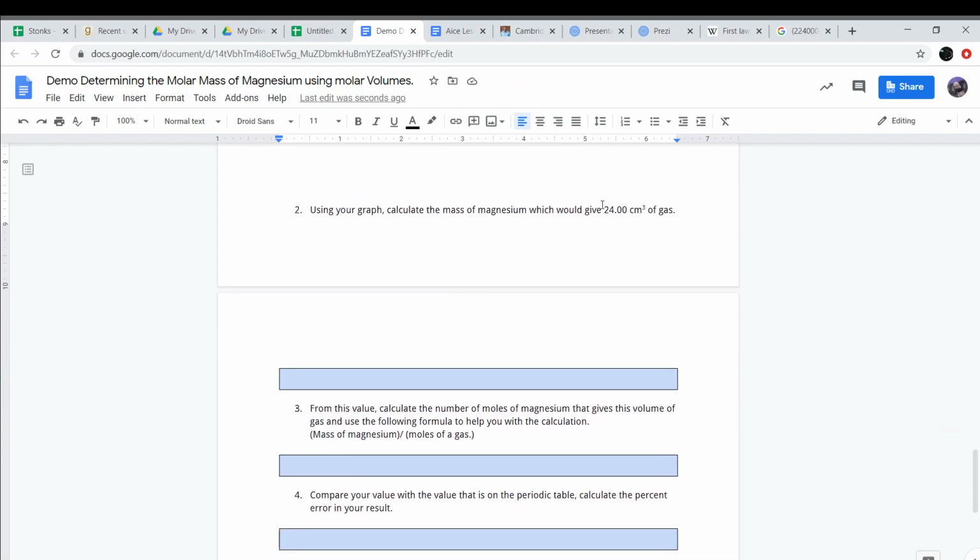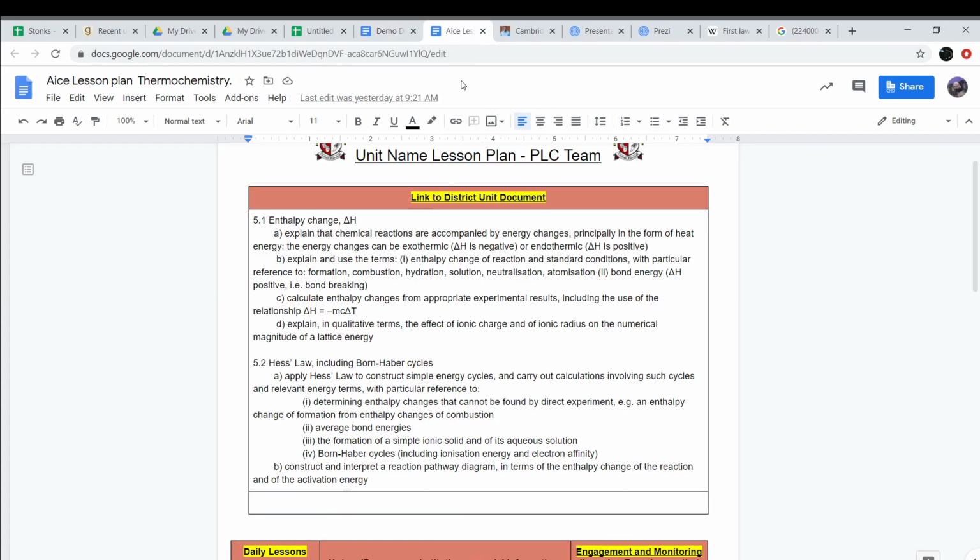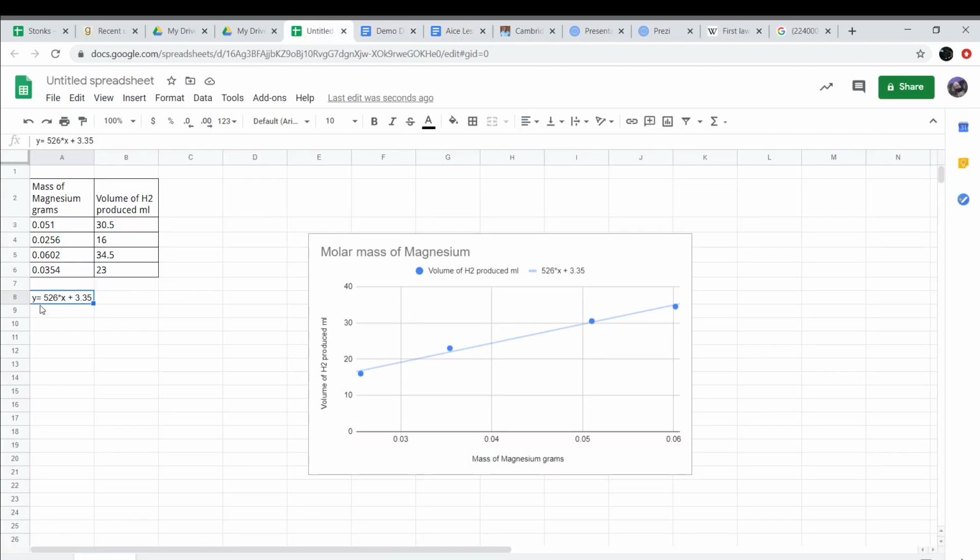Using your graph, calculate the mass which would give you 24.00 centimeters cubed of gas. Okay, centimeters cubed is our volume of gas. And this line is going up. Our y value is going up with this volume of gas. So we have 24.00 milliliters of gas equals 526 x plus 3.35.